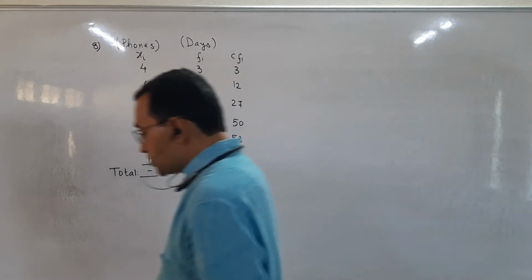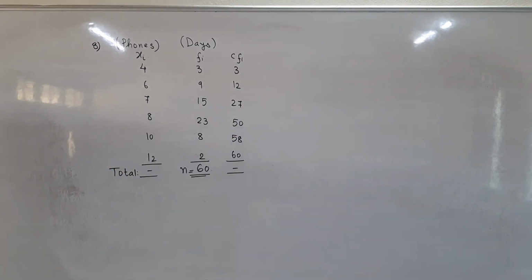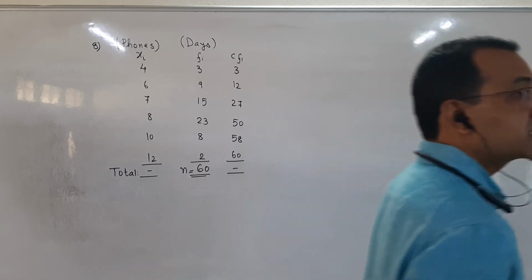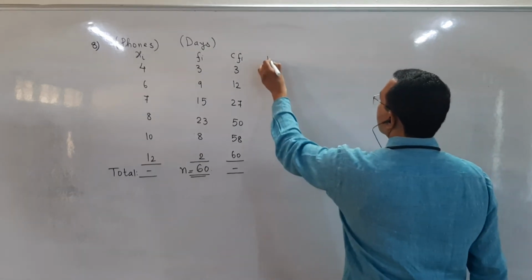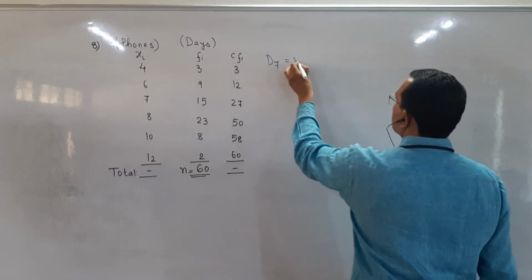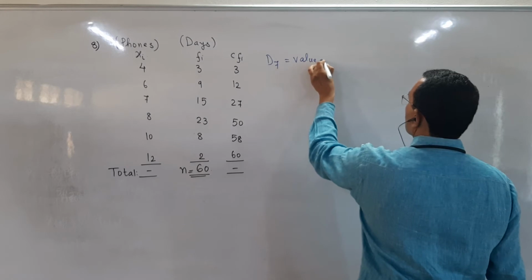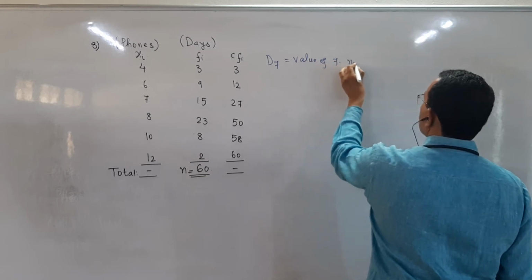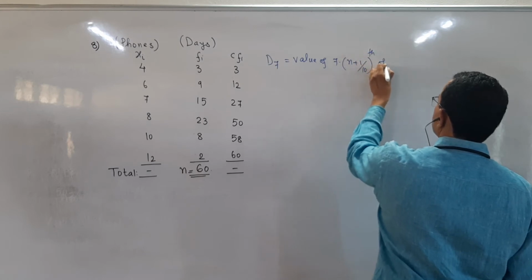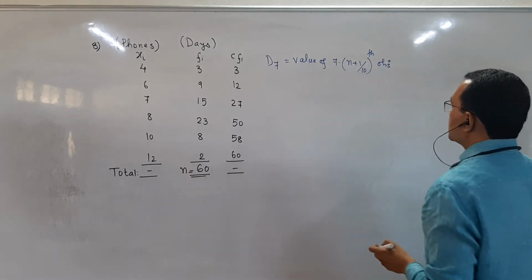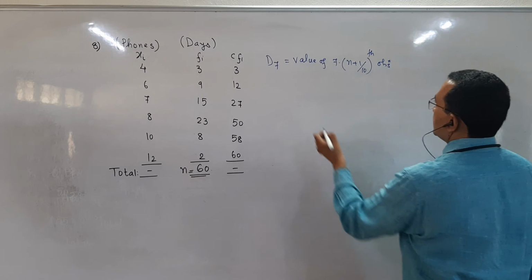Now, in the list of formulas, whenever we have written the formulas of quartiles, percentiles and deciles for a discrete distribution, we wrote the same as ungrouped. So D7 is equal to the value of 7 into n plus 1 by 10th observation. So 61 by 10.